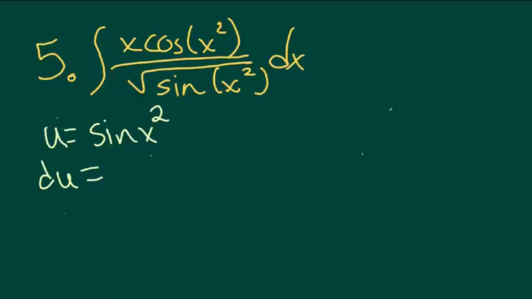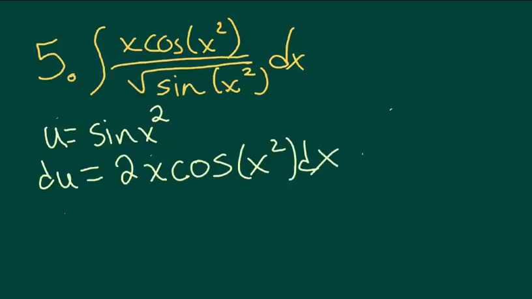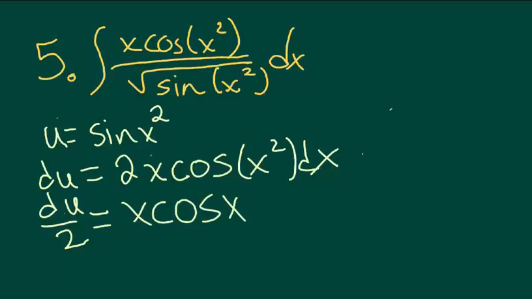Because the derivative of sine of x squared is 2x times the cosine of x squared dx, due to the chain rule. And from there, to make this more closely match what we have in the original expression, we just divide both sides by 2. So now we have du over 2 is equal to x times the cosine of x squared dx.